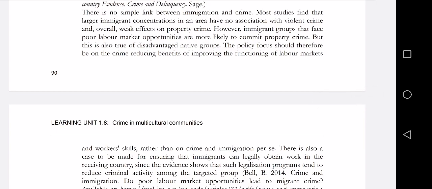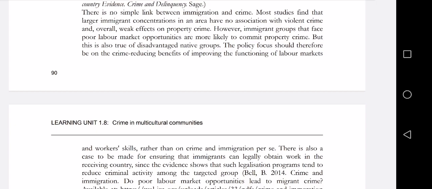There is no simple link between immigration and crime. Most studies find that larger immigrant concentration in an area has no association with violent crime and overall weak effects on property crime. However, immigrant groups that face poor labor market opportunity are more likely to commit property crime.